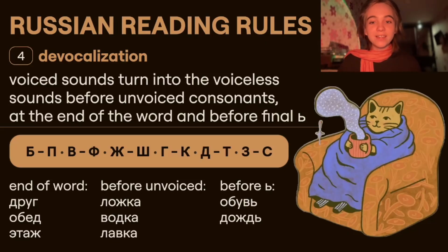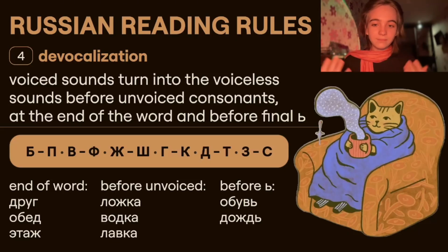Now before another unvoiced consonant. Ложка, водка и лавка. As you see, we don't say ложка with a voiced zh. So we pronounce sh instead of zh because of k. So k influences the previous consonant. Ложка, ложка. The same with водка, водка. We don't say it with d. It's very hard to say like this. But we pronounce t instead of d.